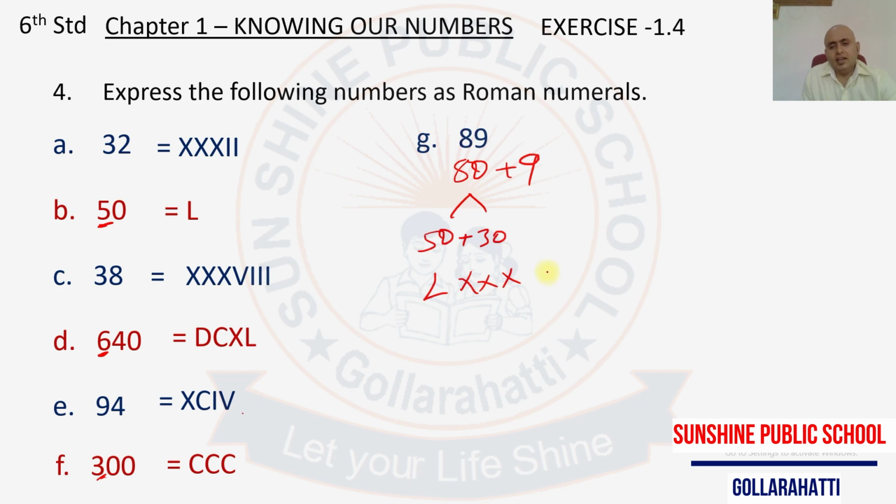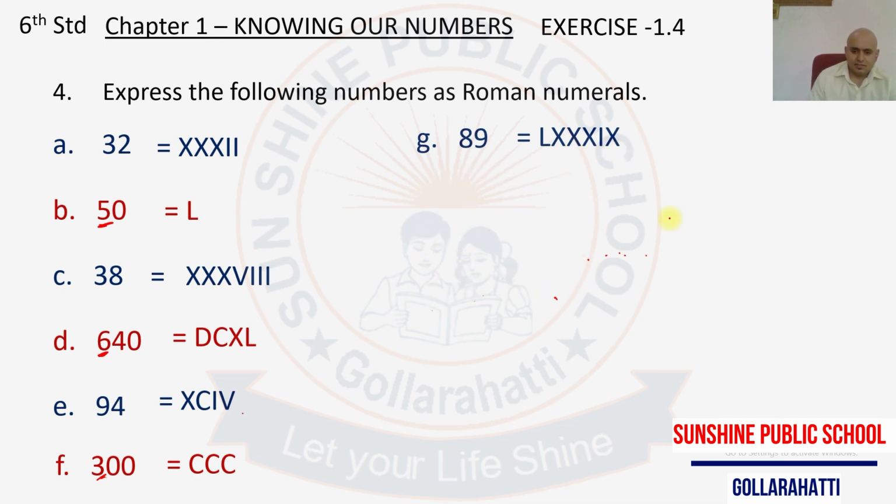For 9 you can't write VIIII, 5, 6, 7, 8, 9; you can't write that, you can't write four times. So write 10 minus 1, that is IX. So LXXXIX is 89: 50, 60, 70, 80 and 9. Okay? LXXXIX.